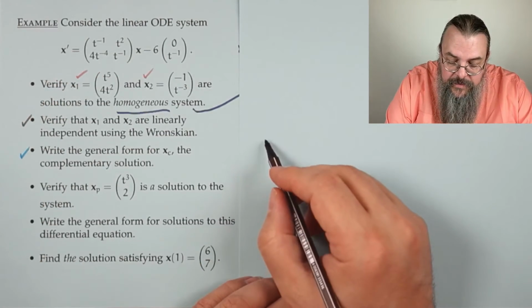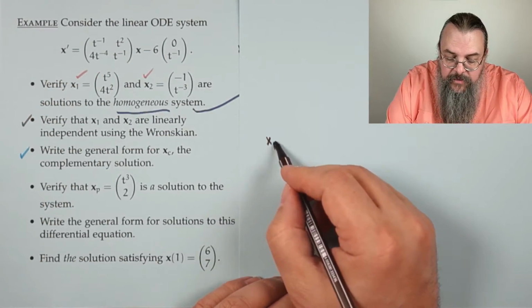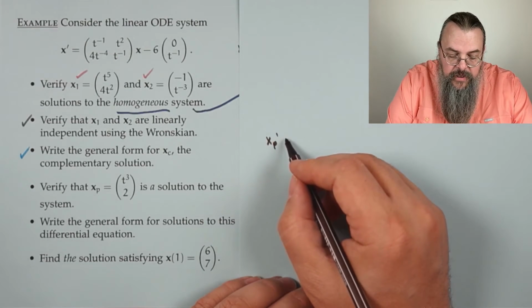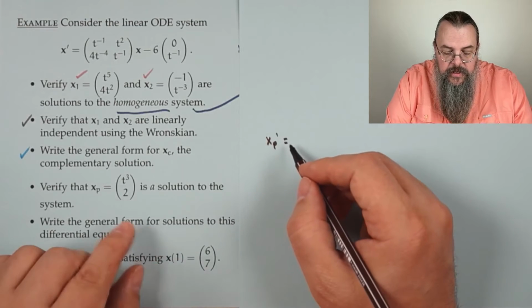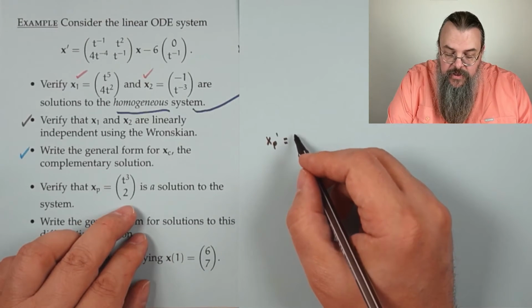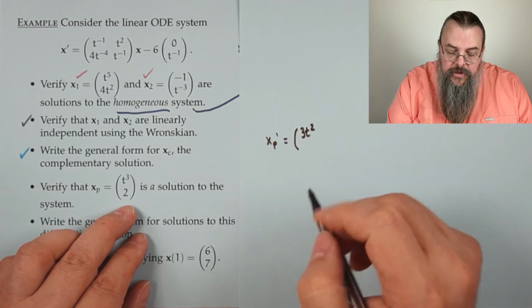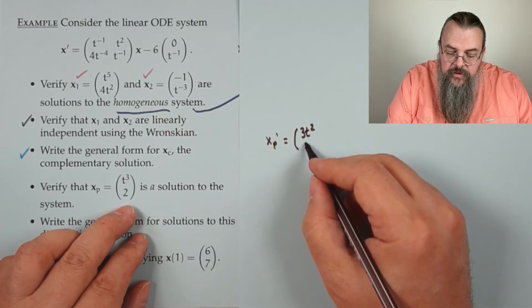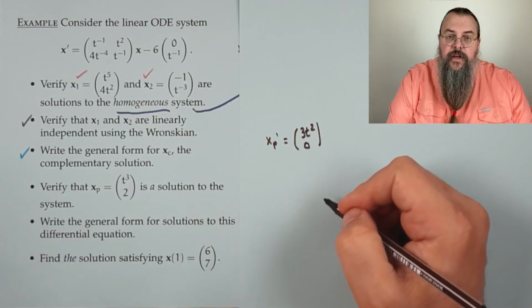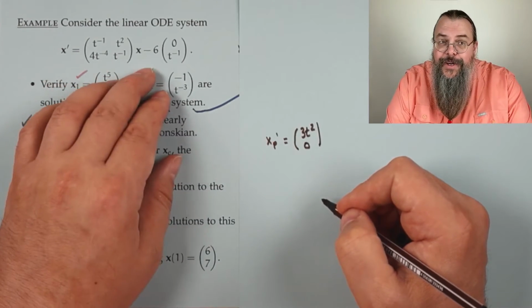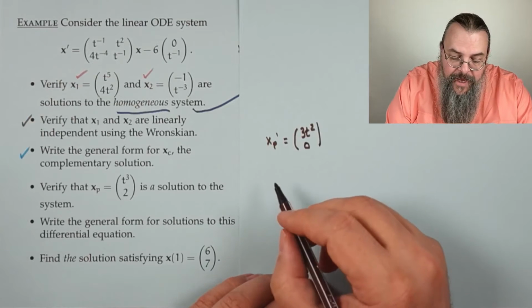So on the left-hand side, we're going to look at xp prime. Okay, so what would that be? Well, derivative of t cubed is 3t squared, and the derivative of 2 is 0. Okay, good. Now we're going to plug it into the other side. It's a little bit more action-packed.